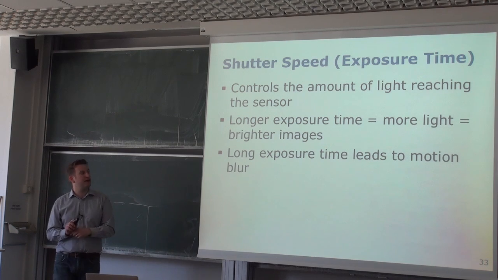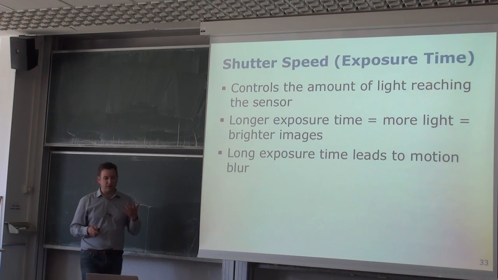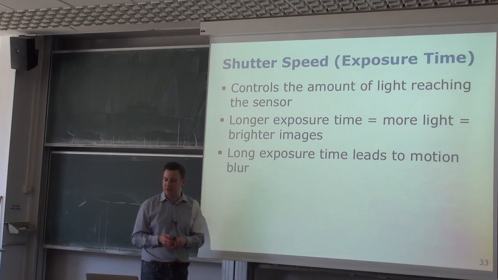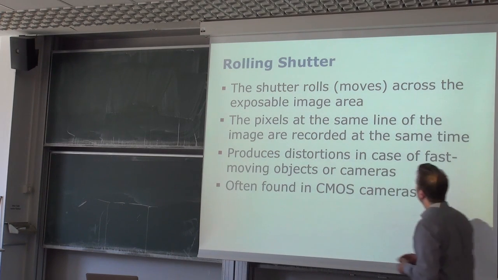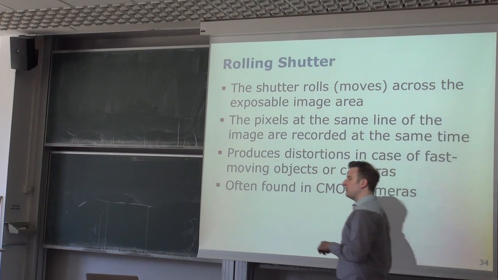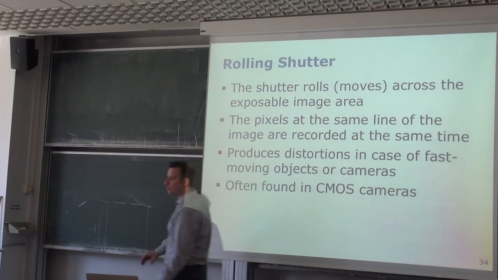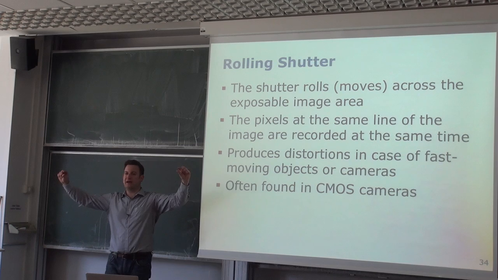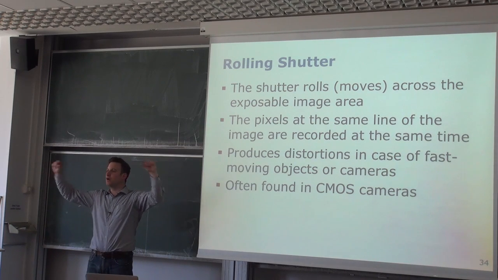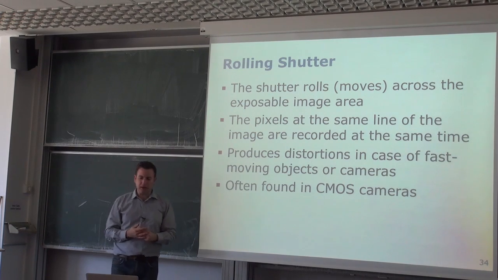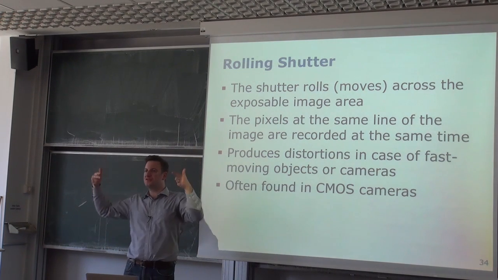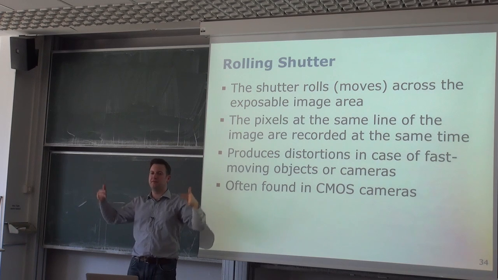The shutter, however, has one important aspect for digital cameras. There are 2 shutter types. The first is called a rolling shutter. What the rolling shutter basically does is move through an image. So in the first instant of time, let's say just the first row of pixels is illuminated from the scene, then it moves to the second one, third one, fourth one, fifth one, and so on.